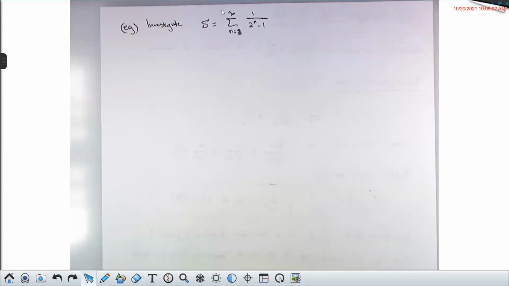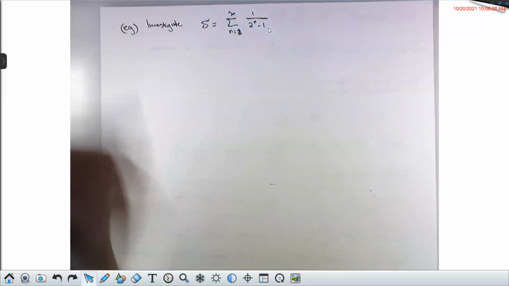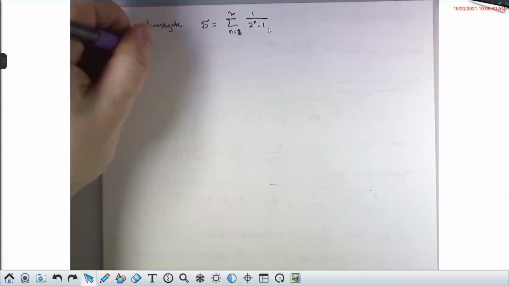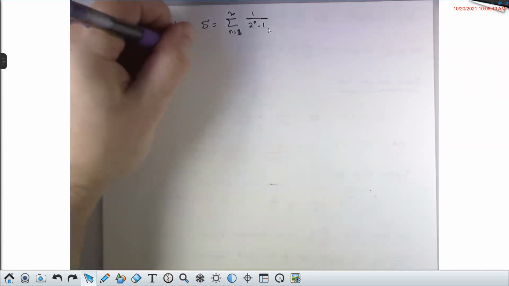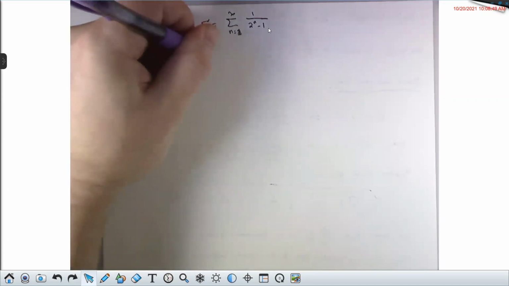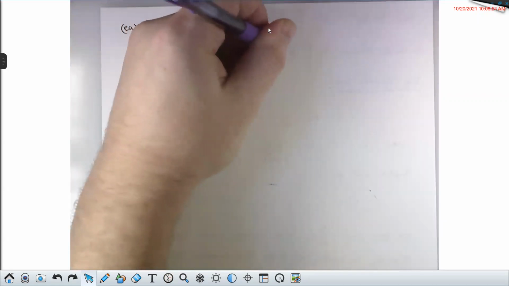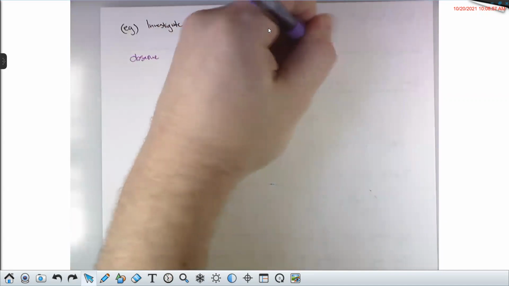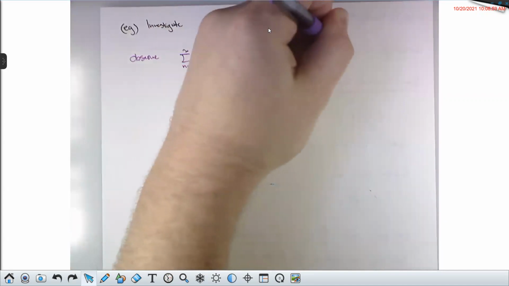So just like our very first example, this series is almost geometric. If not for this annoying minus 1, this would be a convergent geometric series. But it does have this minus 1. So first thing I would say here is that sigma n from 1 to infinity, 1 over 2 to the n minus 1 is very similar to sigma n from 1 to infinity, 1 over 2 to the n.